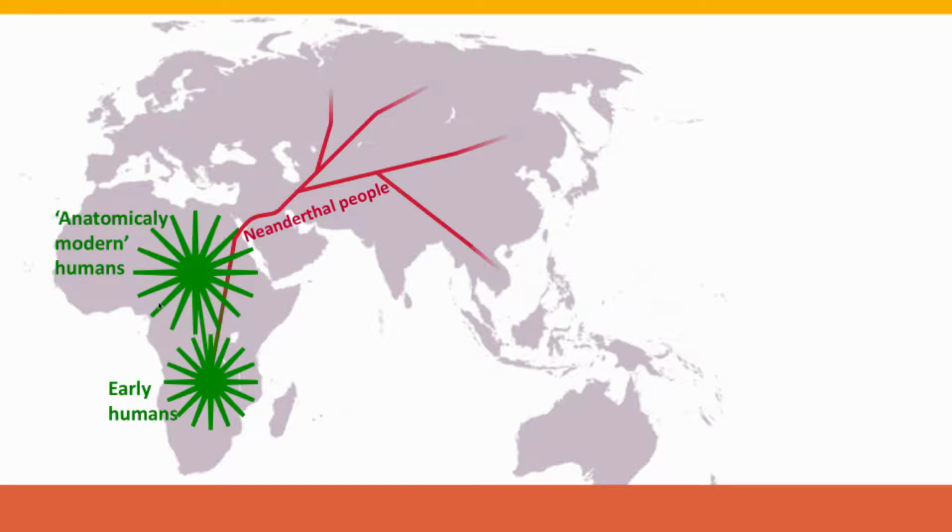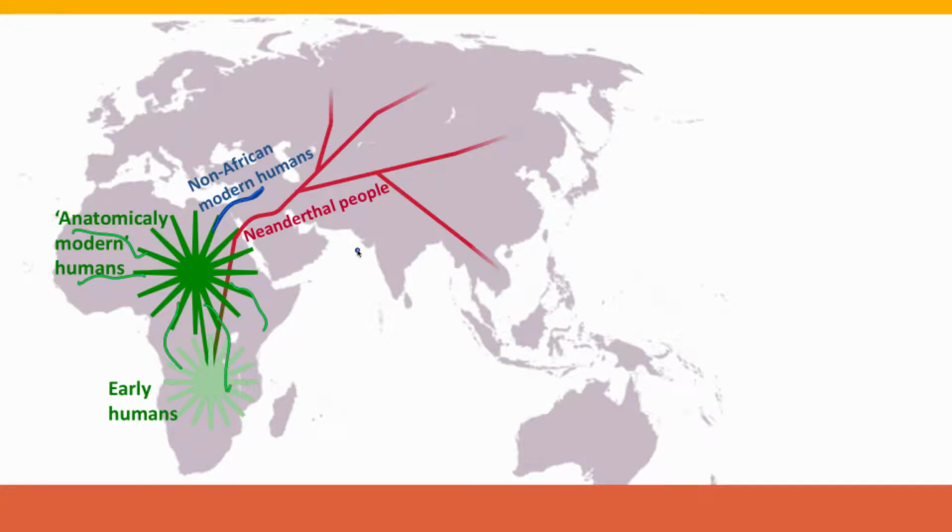And again, the same thing happened as before. The anatomically modern people gradually spread through Africa, but one branch of them migrated out of Africa, again into Southwest Asia in the Middle East.